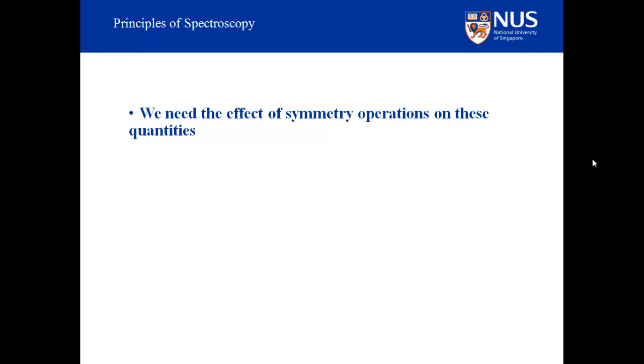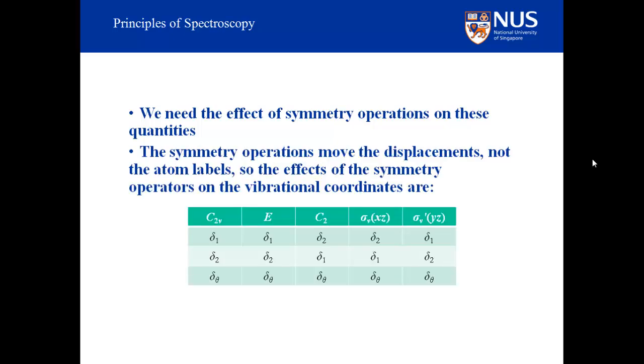We can also determine the effect of the symmetry operations on delta 2 and delta theta. The effect of the symmetry operations on delta 2 is analogous to that on delta 1. That is, the identity E and sigma yz operations leave the displacement unchanged, whereas C2 and sigma xz move the displacement onto atom 1.